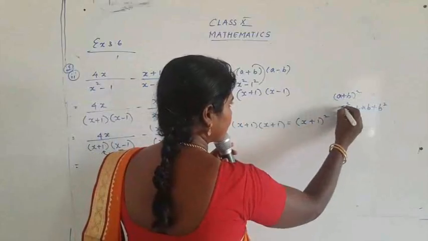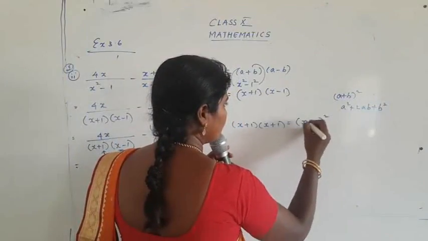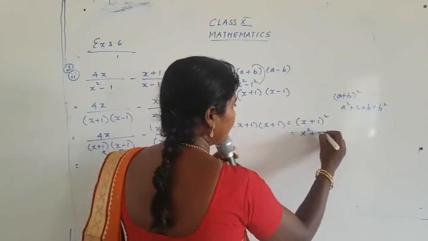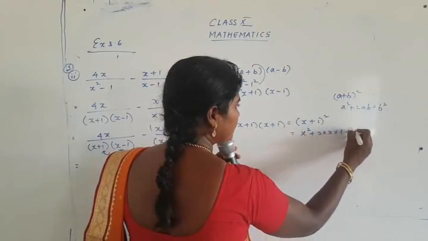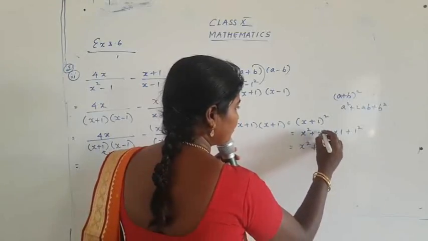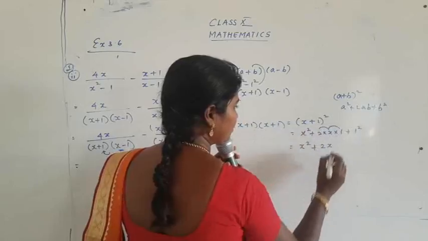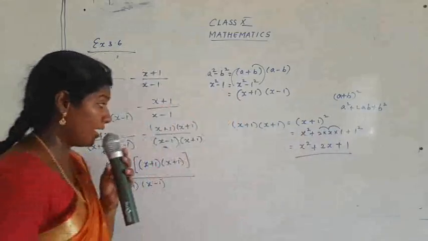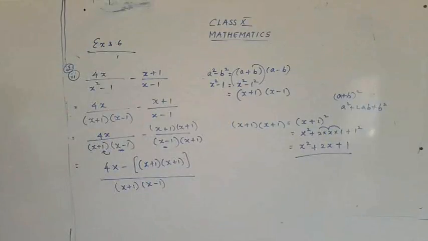So a is x, b is 1. So what you get here? x square plus 2 into x into 1 plus 1 square. x square plus 2 into x is 2x, 2x into 1 is 2x, plus 1. So you get the answer x square plus 2x plus 1.